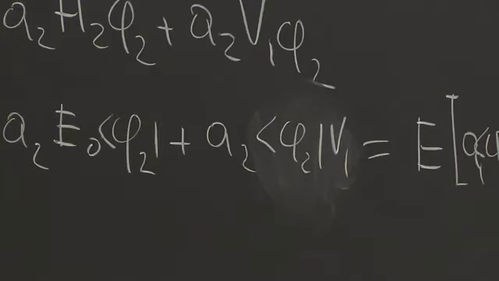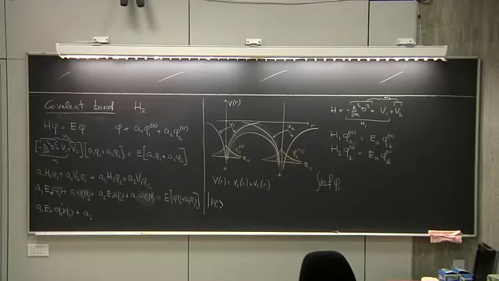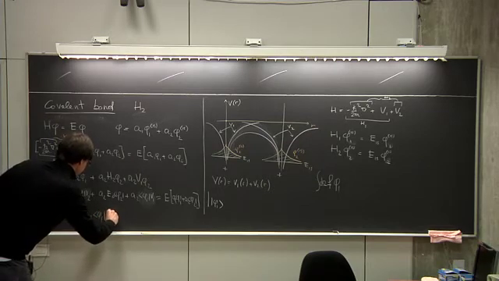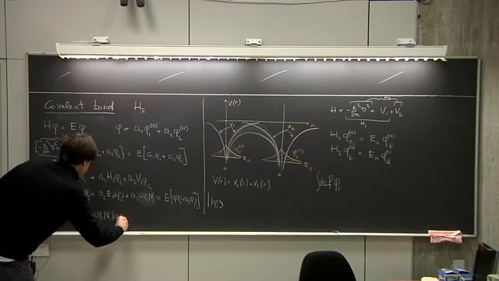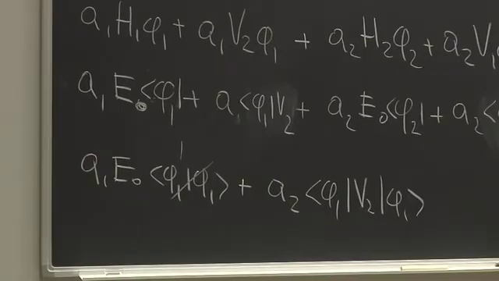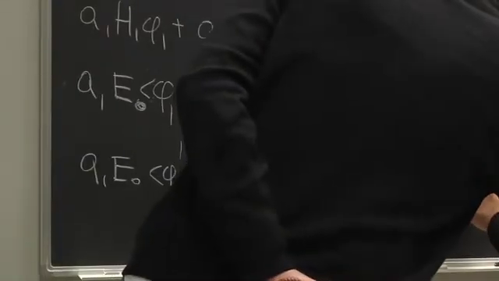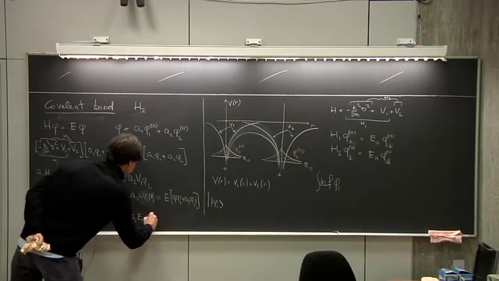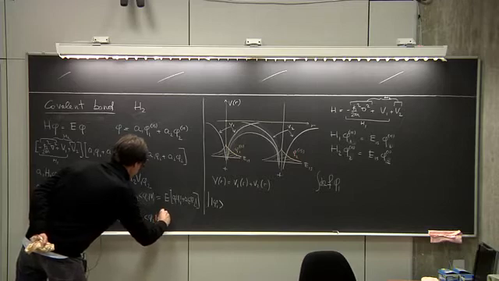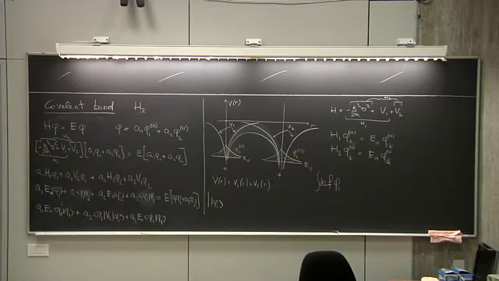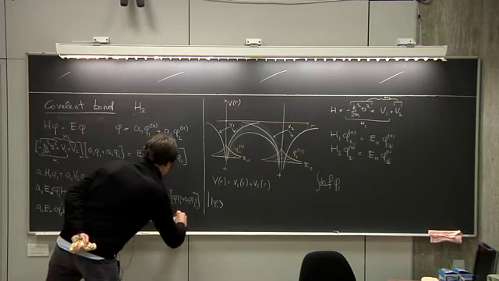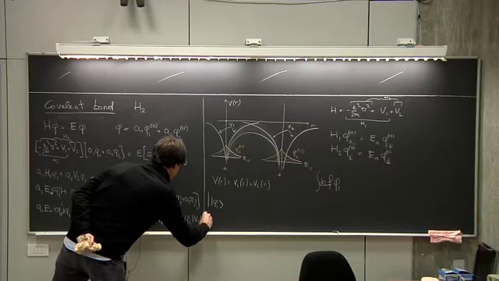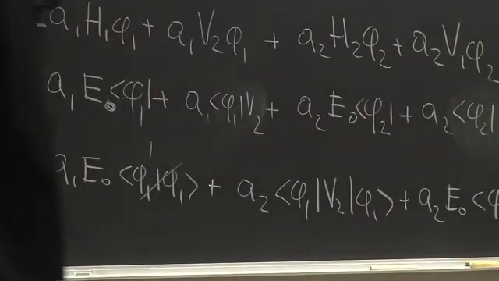Okay, because I have to project it on the left side when I write the Hamiltonian here. So this is <phi 1|V2|phi 1> plus E2 A2 E0 <phi 2|phi 1> plus A2 <phi 2|V1|phi 1>. And that's the left-hand side.